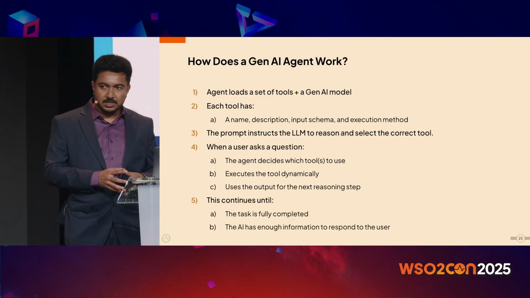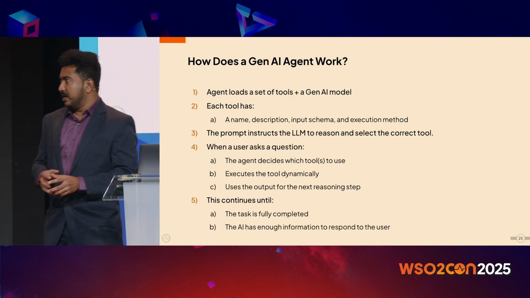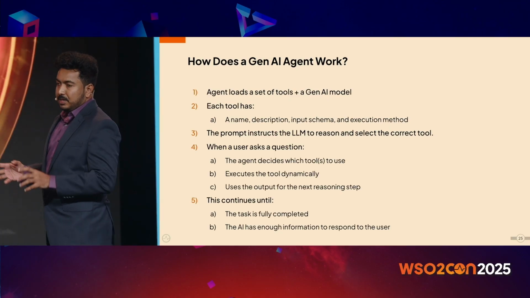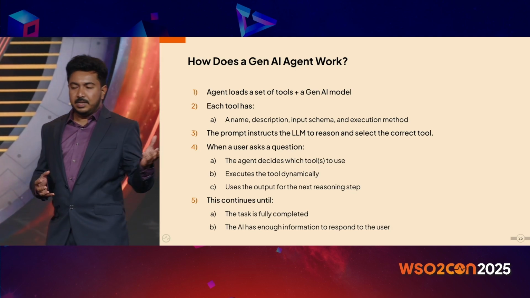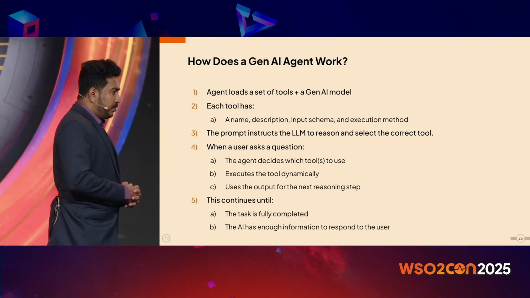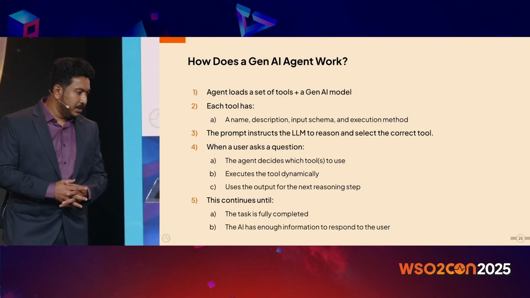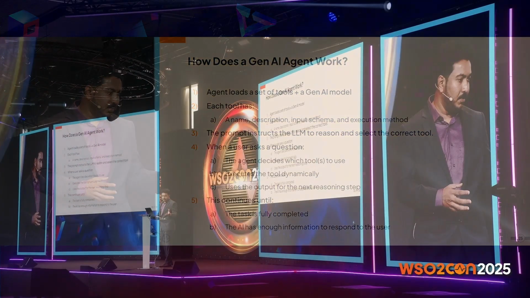Now we have this word, AI agent. Agent is a concept that has been there for a long time. It's basically a system that can interact with its environment and perform a given task. A Gen AI agent is similar to that. It has a set of actions or tools that it can perform.